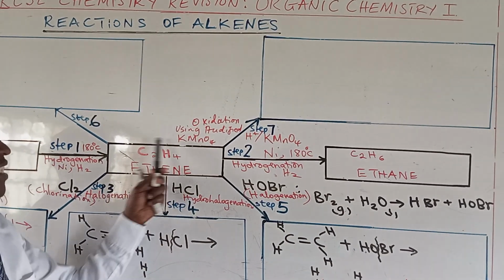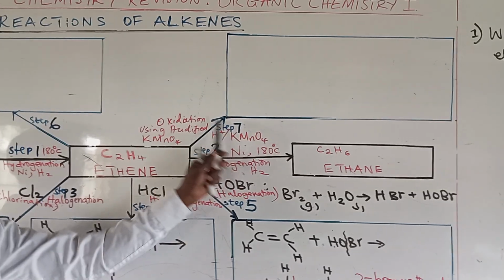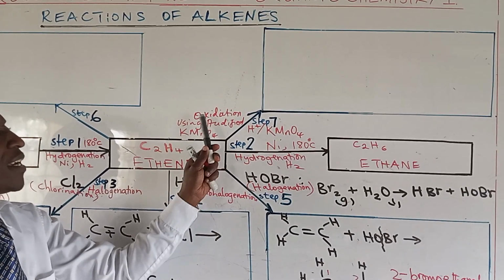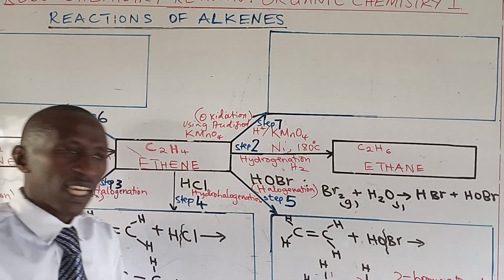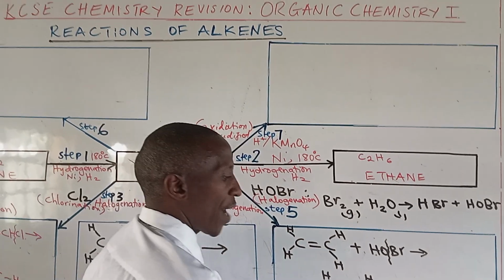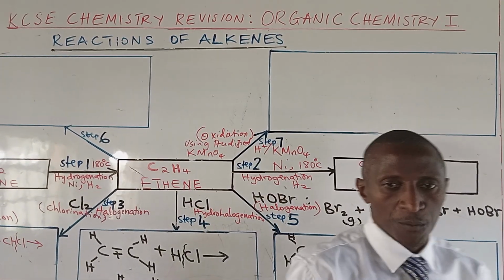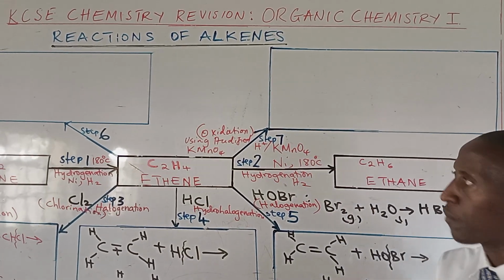So how does ethene react with acidified potassium manganate in an oxidation reaction? So we can get this best through the reaction. And how is the reaction?